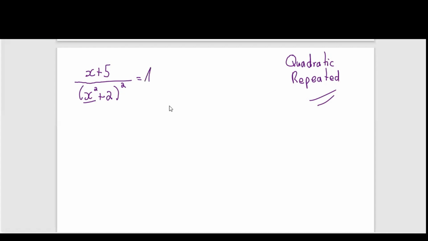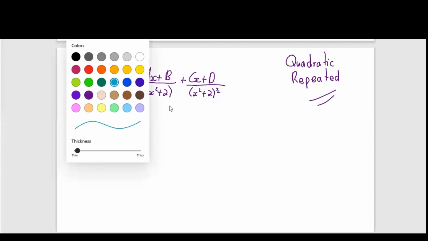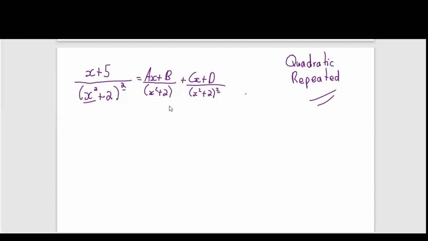This would be ax plus b all on x squared plus 2, plus cx plus d all on x squared plus 2 squared, since we increase the power by 1 and stop because we reach 2.